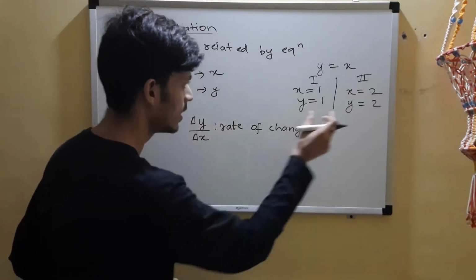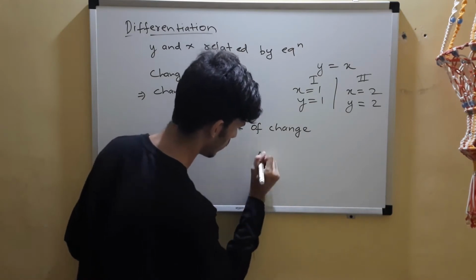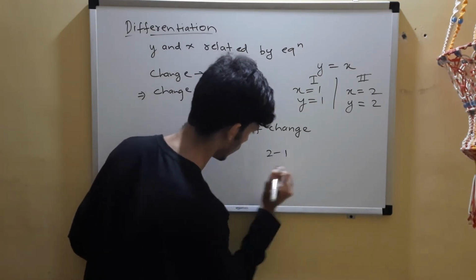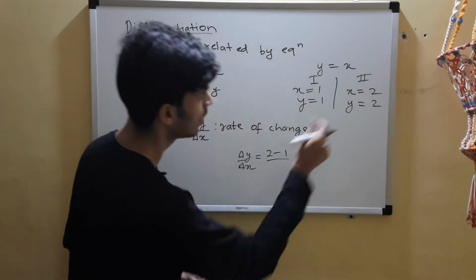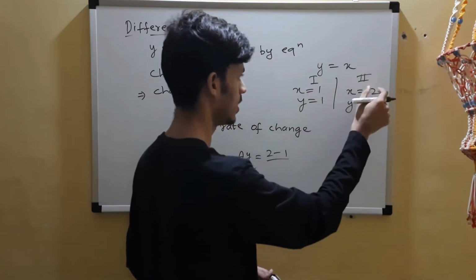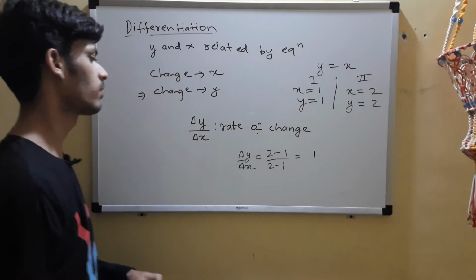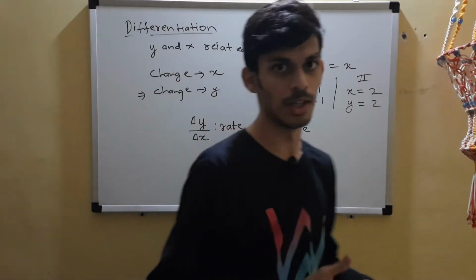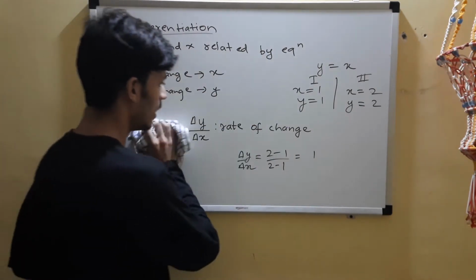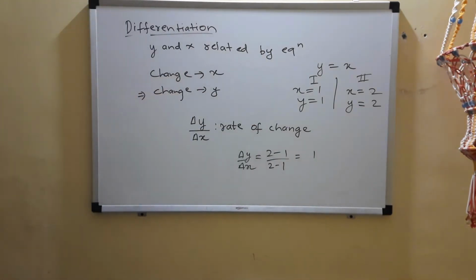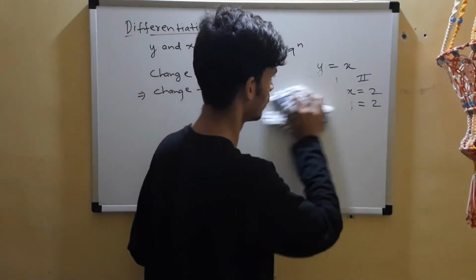Delta y, the change in y, is 2 minus 1, which is 1, and the change in x, delta x, is also 2 minus 1, so 1. So this is the rate. It can vary also; we'll come to that with a slightly different equation. You can note this, the basic idea, the foundation on which we are going to build.